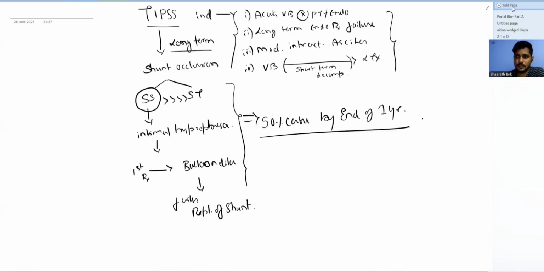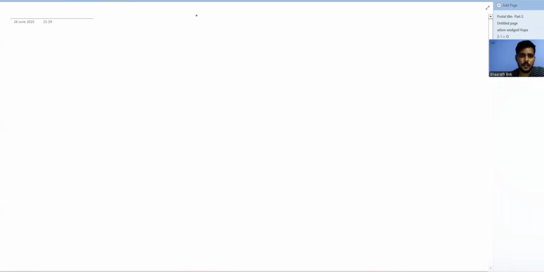Now comes the important part about surgery, right? Surgery as a secondary prophylaxis. So the overall indications for surgery would be, as I told you again, one, acute variceal bleed, where the patient is not responding to the pharmacotherapy with combined endoscopic therapy and TIPS is not possible or contraindicated.